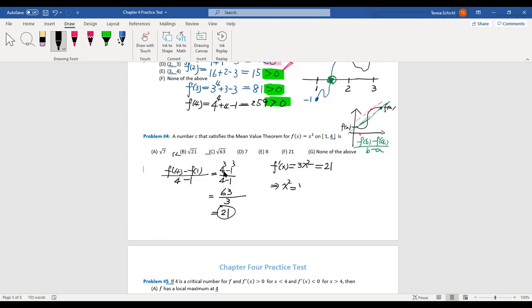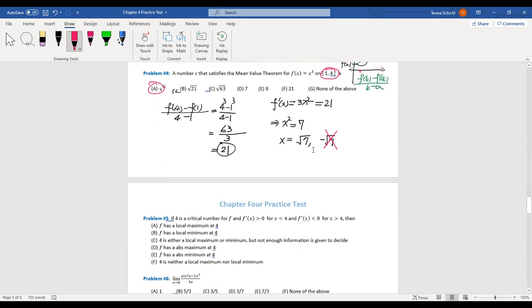Equal to 7, right? So x could be equal to the square root of 7 or negative square root of 7. Take a look, because my region here is 1 to 4. So I know x cannot be the negative square root of 7. So here it will be the square root of 7. So the answer here is 8 here.